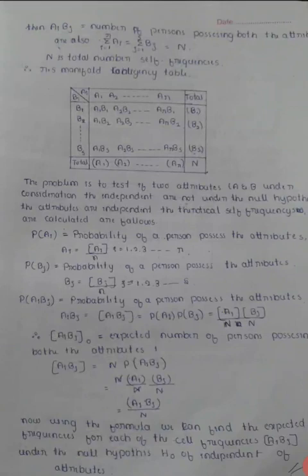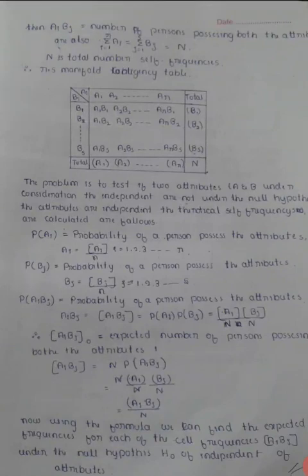Ai is called the column, A1, A2, so on Ar, and total. Bj is rows, B1, B2, so on Bs. The allocations of attributes A1B1, A2B1, so on ArB1, that first row total is in bracket B1. A1B2, A2B2, so on ArB2, that second row total is in bracket B2.